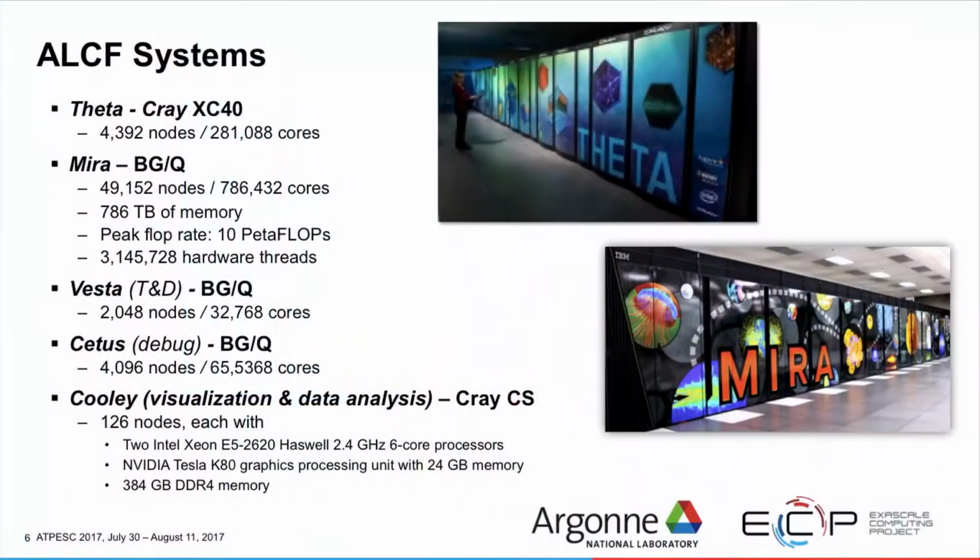On a separate file system is Vesta, another BGQ system that has 2K nodes. That one has the advantage for debugging that the minimum hardware partition size is smaller, at 32 nodes versus 128. And the Cooley system, which, as I mentioned, can be used for visualization and data analytics.